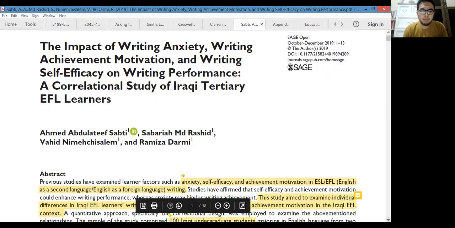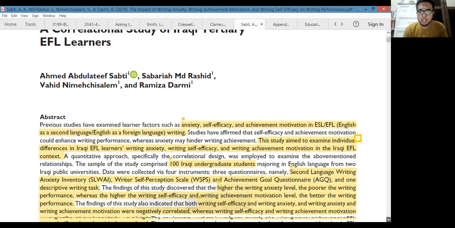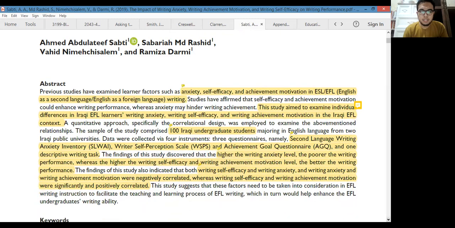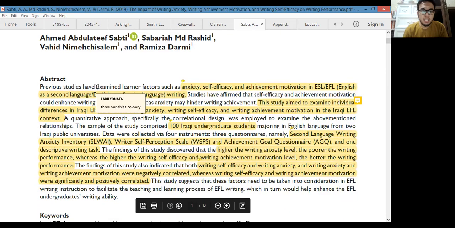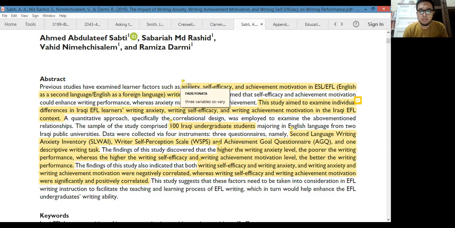From the abstract here, we can see at a glance that in this study, the authors use three variables, and each of them co-varies.